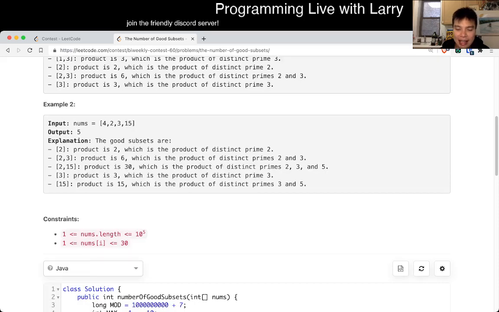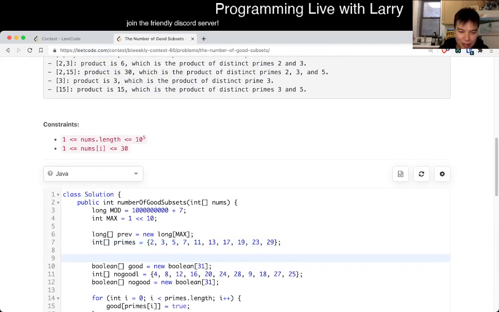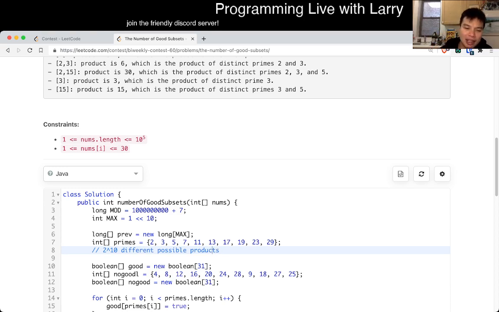So that means that essentially there's 2 to the 10 different possible products, right? Because for every possible product, it only takes either 0 or 1 of each of these possibilities, which lends itself to a bitmask solution.